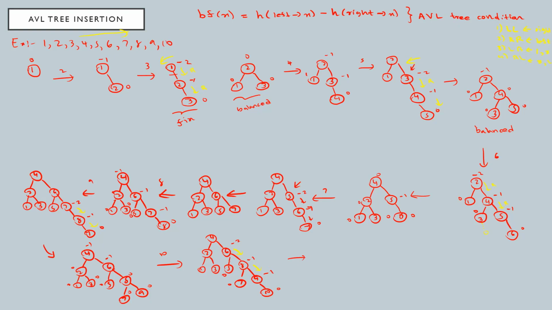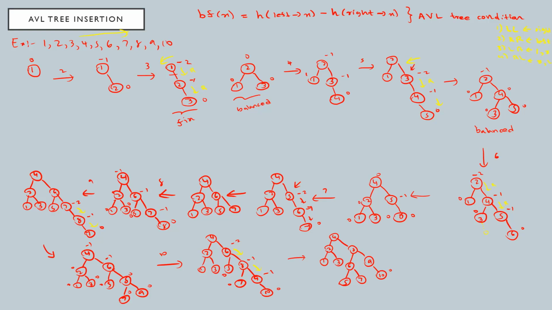So 6 will go downside and 5 and 7 will be attached to the 6. So it will be something like that. So you must be able to see each and everything in your mind, otherwise it is very difficult to write. Okay. So 8, then 6, then 5 and 7 and 9 and 10.